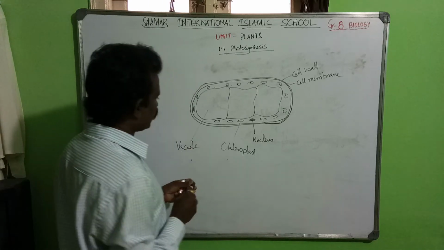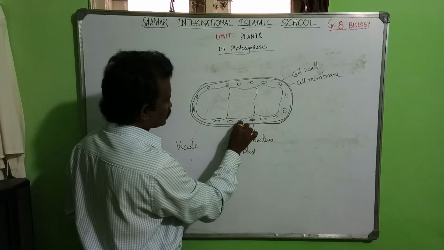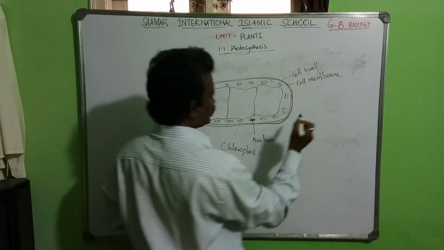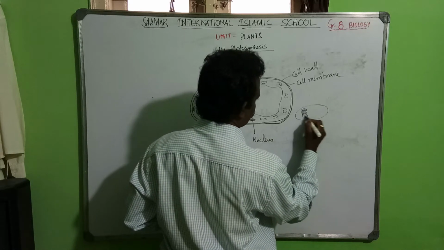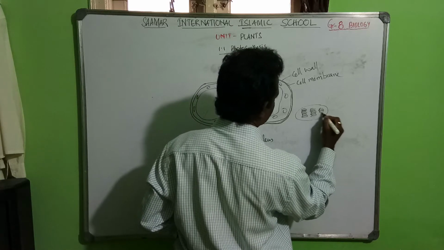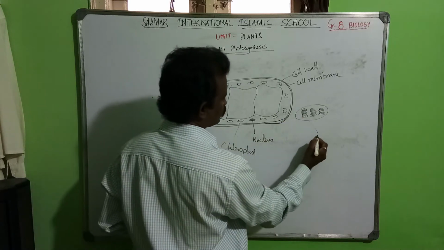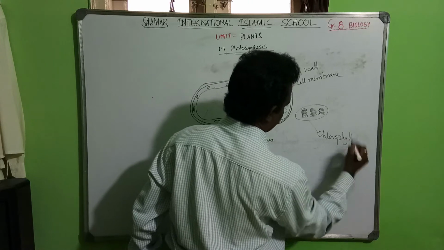Okay. Now, here the chloroplast is present. In this chloroplast, you can see chlorophyll is present. So it will be like a coin over a coin, how it looks when you are bundling up coins. Like that it will be looking. And this is your chlorophyll.